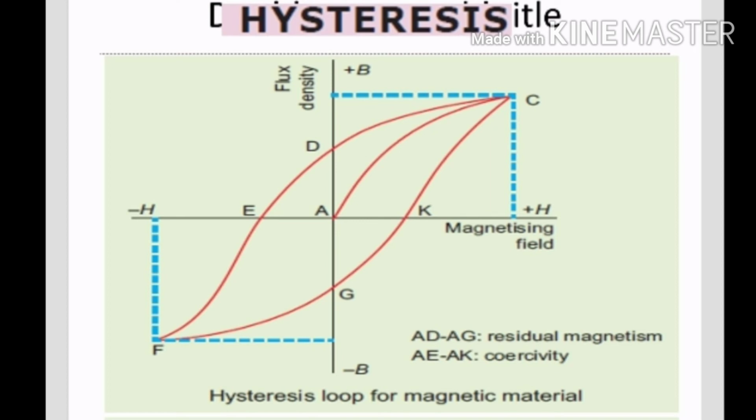This closed curve ACDEFGKC is called the hysteresis loop and it represents a cycle of magnetization. In the entire cycle, the magnetic induction B lags behind the magnetizing field H. This phenomenon is called hysteresis.